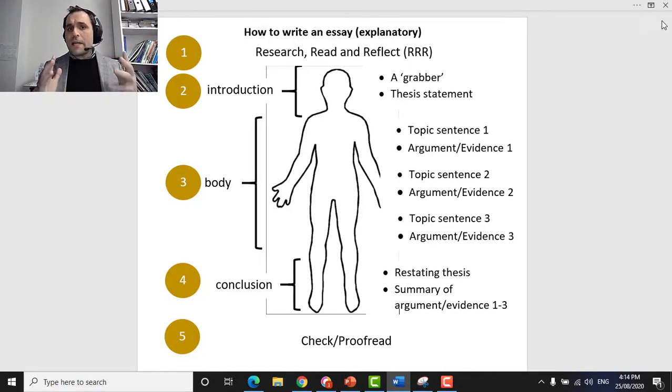You are not expressing your own opinion about anything. It is not your argument. It is not your opinion. It's simply a topic that you have done research on and you are writing about to inform, to tell the reader about the topic. So you are like the messenger.